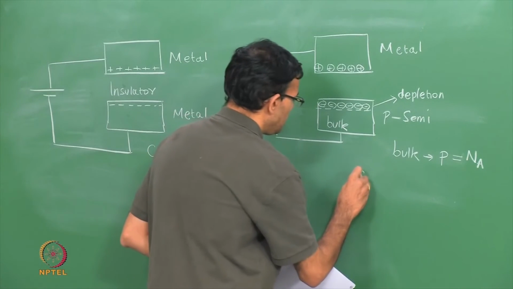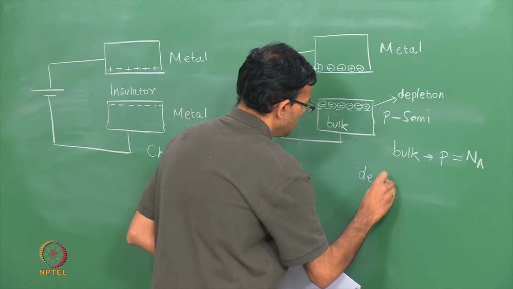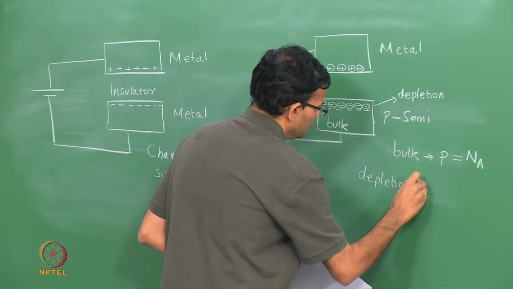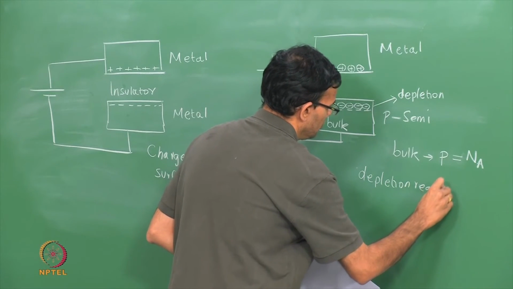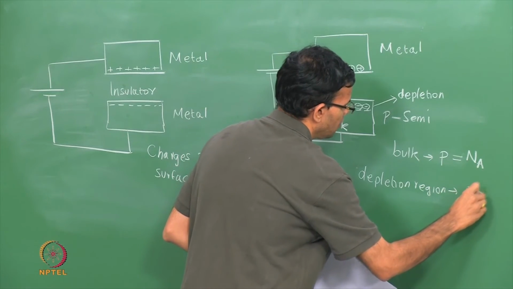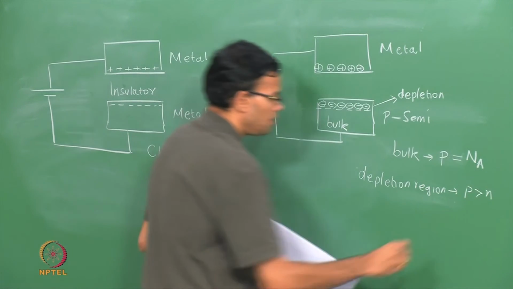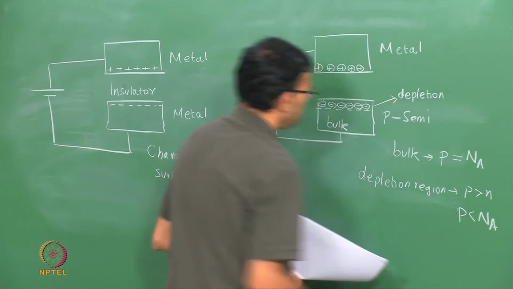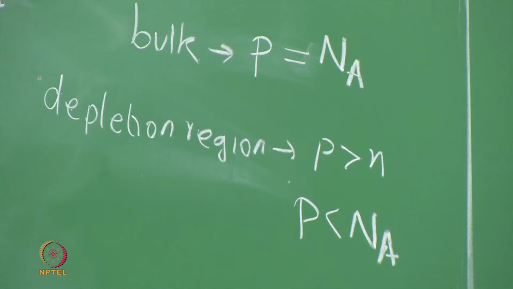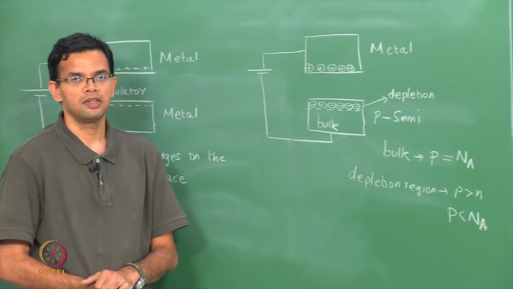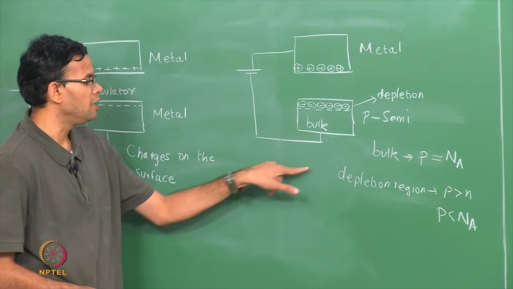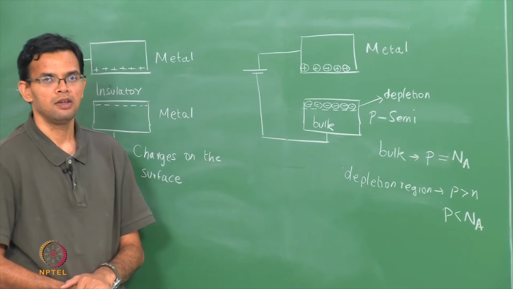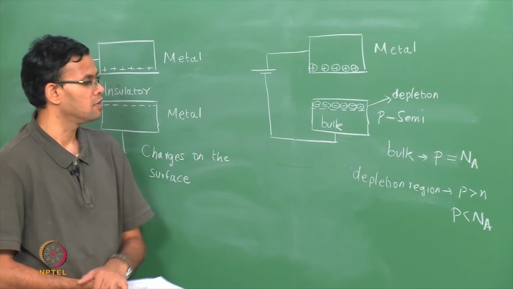The material is still p type, so you still have P greater than N, but the value of P is less than Na. This is because you have biased the semiconductor negative, so that you are pulling the holes away from the semiconductor, or you are pushing electrons.